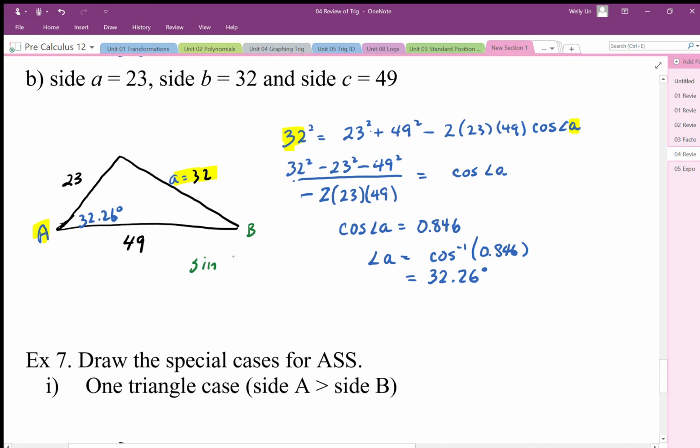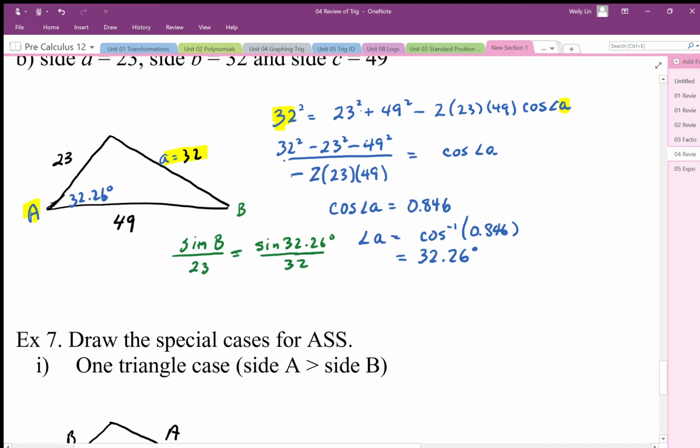I'm going to go sine B over side B is equal to sine of 32.26 degrees over 32.